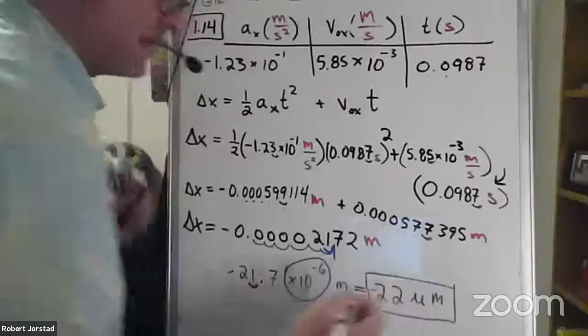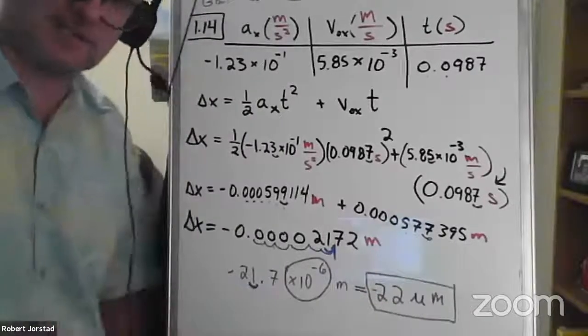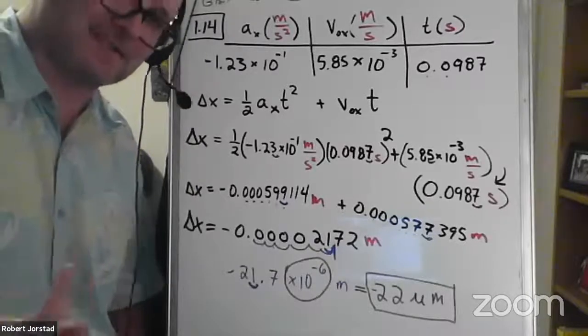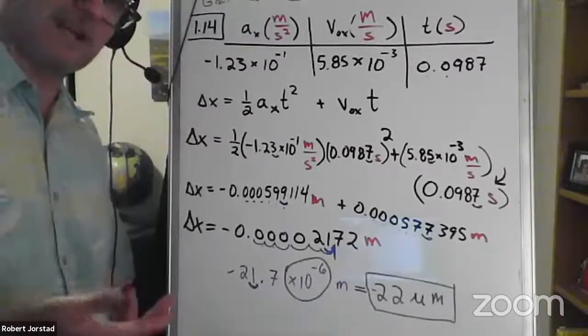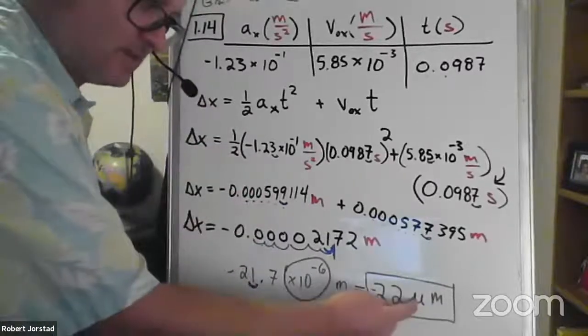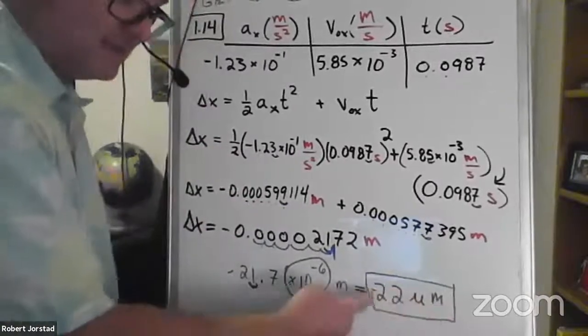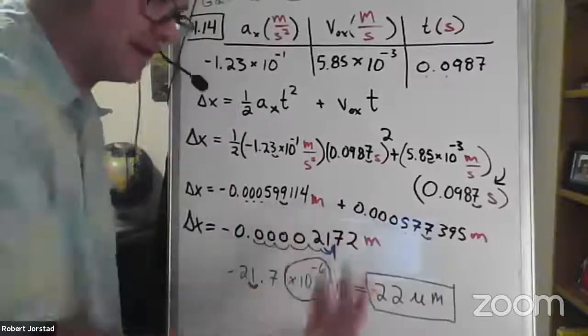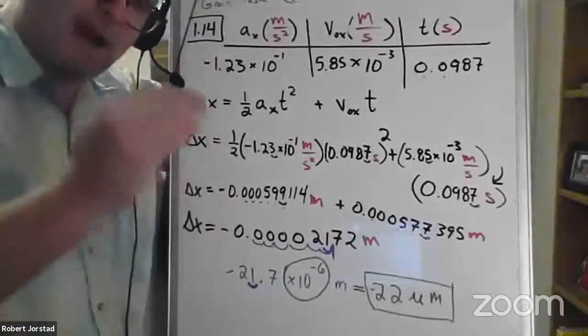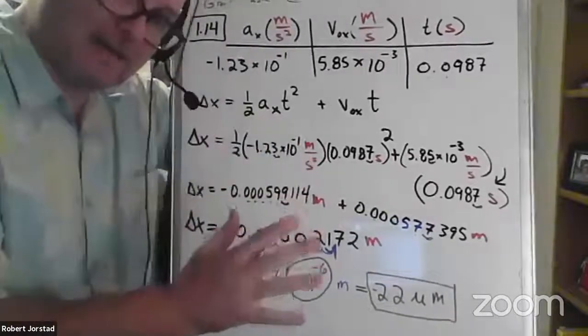So you could see here, it's really easy to punch this into your calculator, but you have to be able to communicate with others in a scientific way. A lot of times on a test question, people will get the number right and they'll lose points for screwing up this, or for getting the units, or like I did, for getting the minus sign, or for rounding in the wrong spot. To an engineer, where you round the number matters a lot.